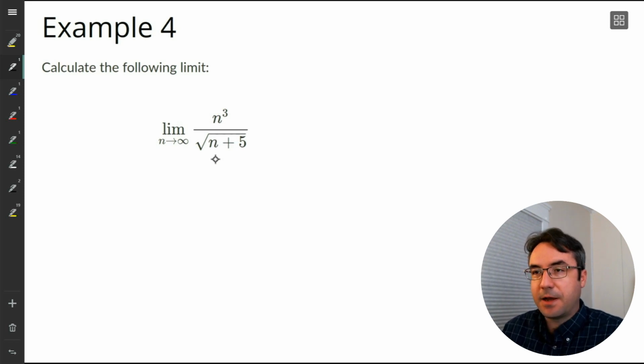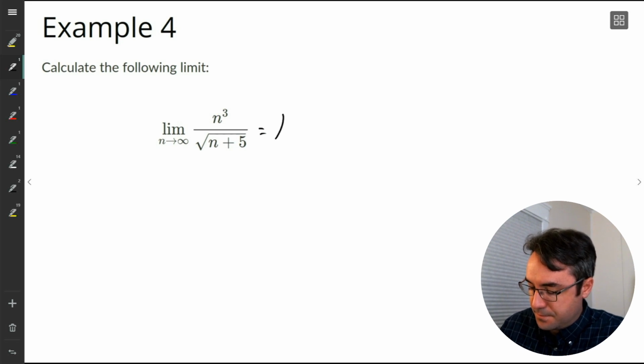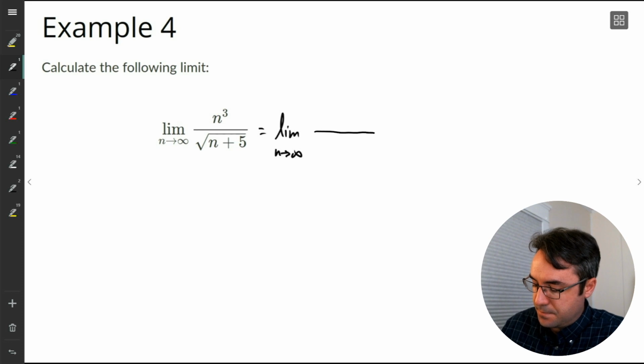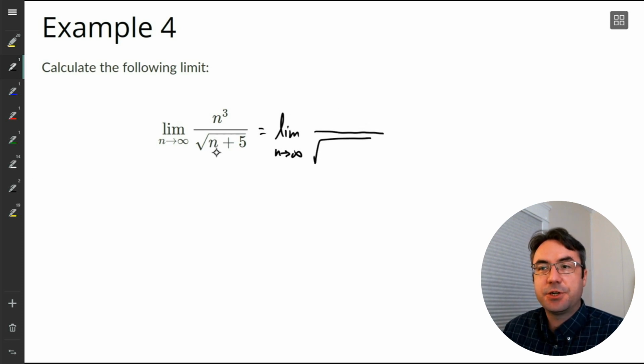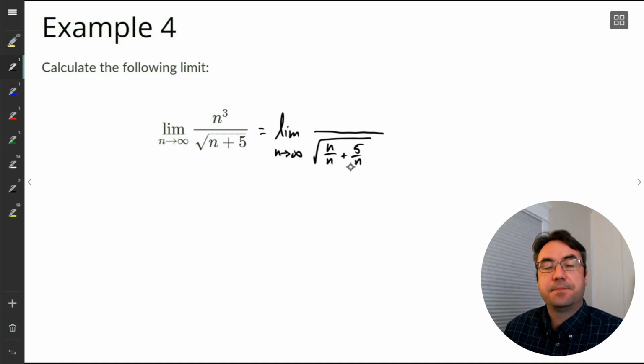So we identify the largest power of n in the denominator, and then we divide everything by it. So I want to divide each term that I see in the denominator by my power of n. So I'm going to divide n by n, and then I'll divide 5 by n.